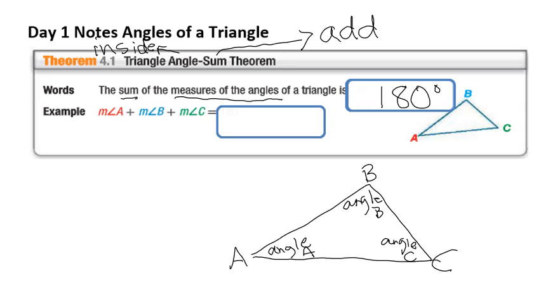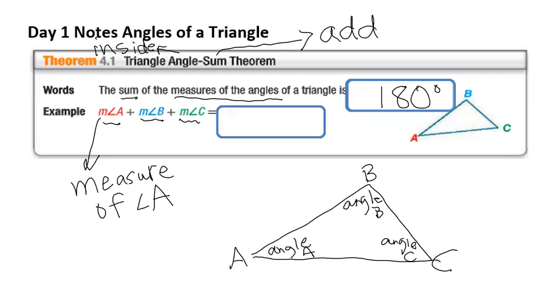So that means if you were to add up the measure, so put that little M means the measure, of angle A plus the measure of angle B plus the measure of angle C, that has to add up to exactly 180. And we're going to be doing problems like this where we have two angles and we have to figure out the third.